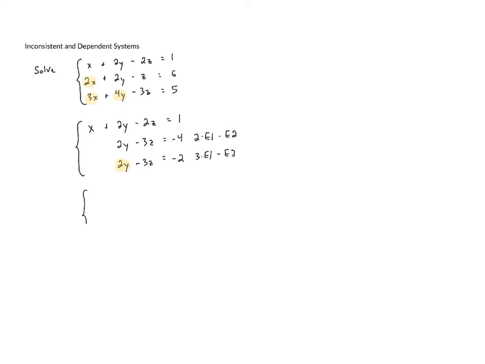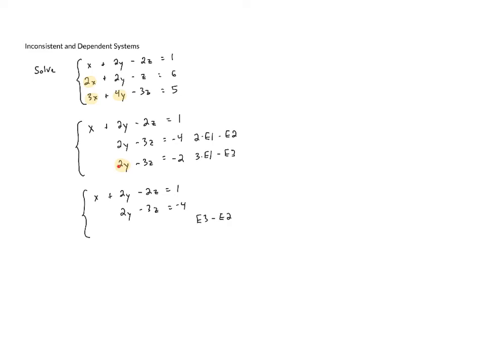So we're not going to change the first two equations, so I'm just going to rewrite them. And then for the last one, we need to take the third equation minus the second equation, or the second minus the third, it really doesn't matter. Let's take equation 3 minus equation 2.